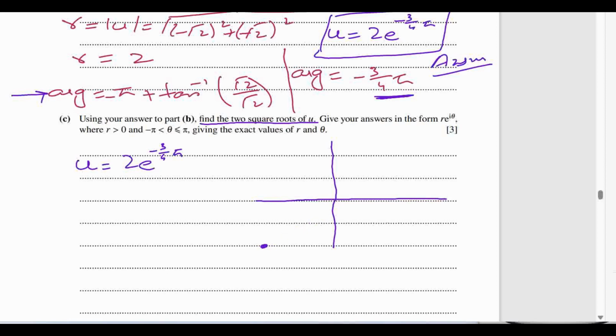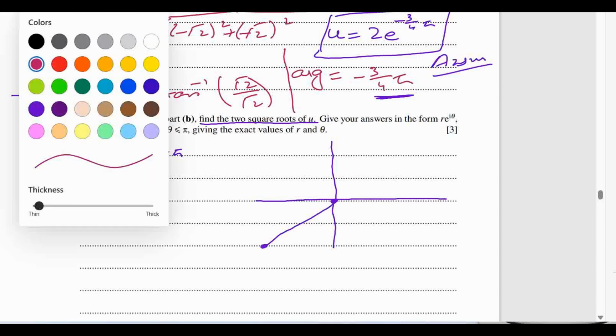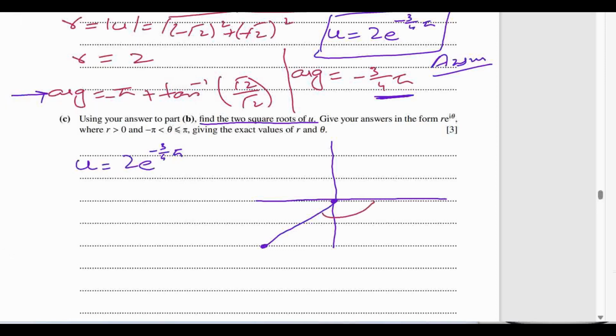And this angle is minus 3 by 4 pi, and this angle is pi by 4, and this anti-clockwise angle will be pi plus pi by 4.